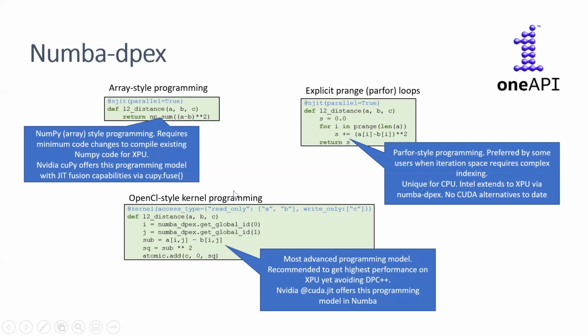The third one is the kernel style, OpenCL kernel style programming. This is very similar to other GPU backends like numba.cuda or numba.roc, if you are familiar with them. The numba.dppy kernel decorator is provided in the numba.dppy package, and it is similar to SYCL or OpenCL programming. Using this decorator, we access relatively low-level SYCL kernels that can be written directly in Python.